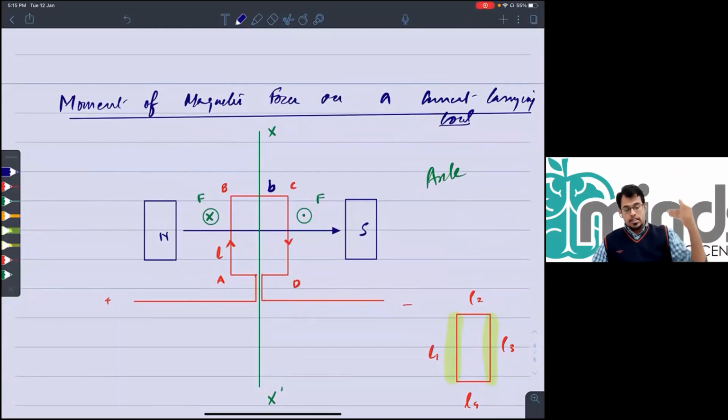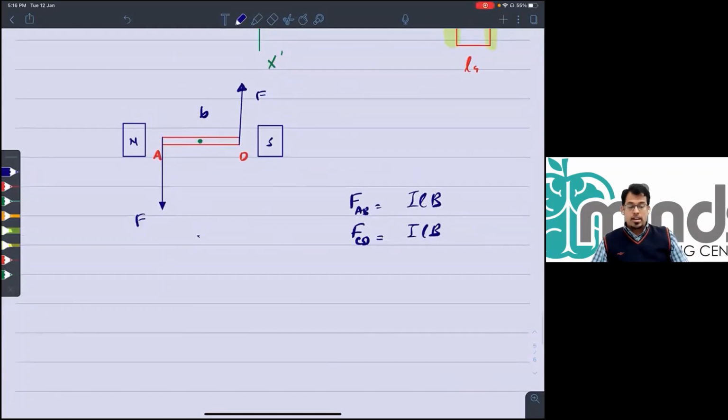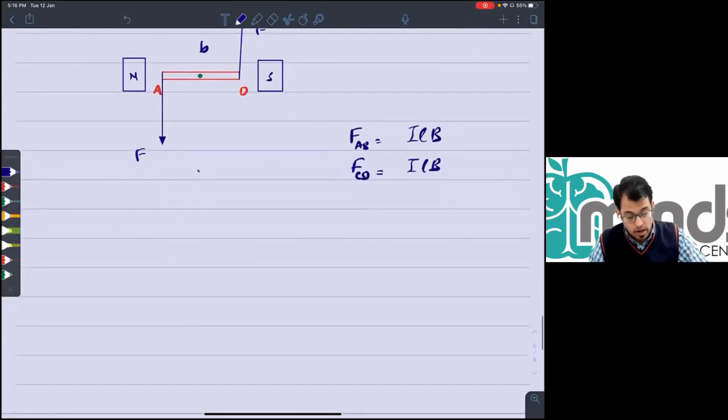If one is upward, other is downward. So it means that they are equal in magnitude, opposite in direction. So they will form a couple. And remember how to calculate moment of a couple. Moment of a couple is given by force into distance between the two forces. Can I say that distance is actually b?